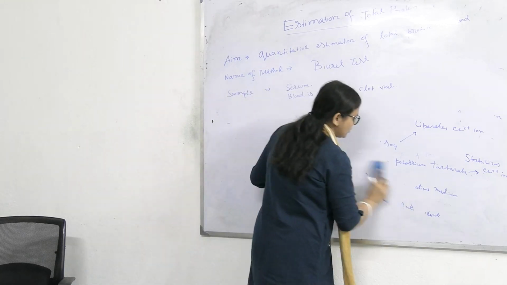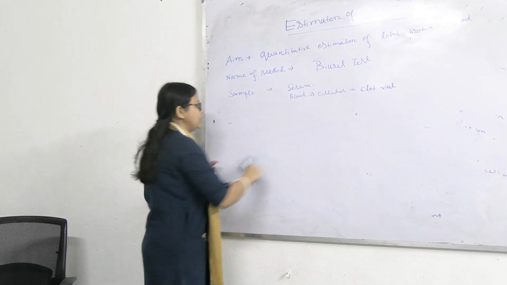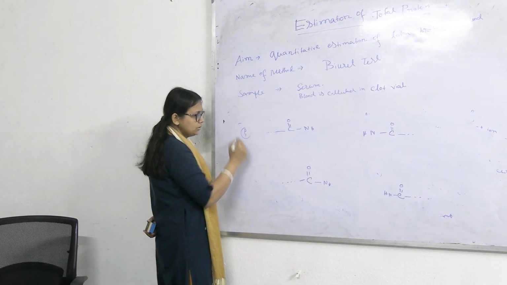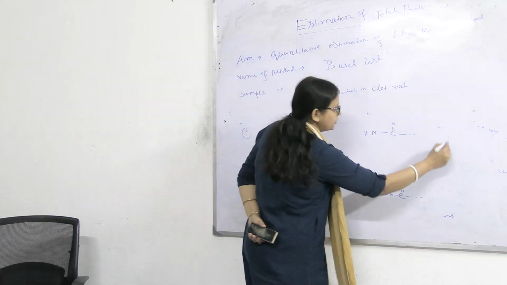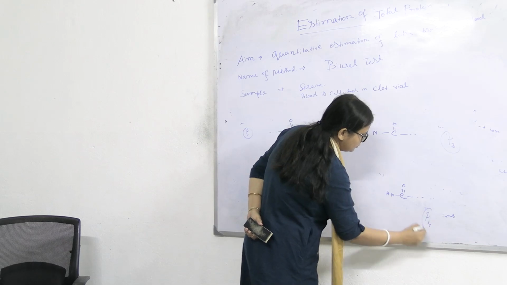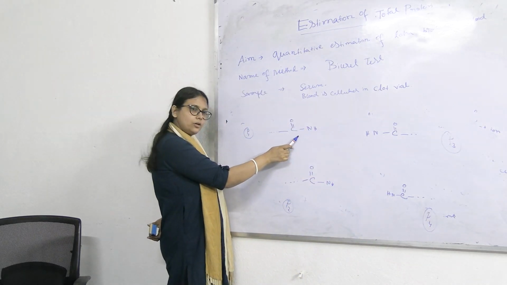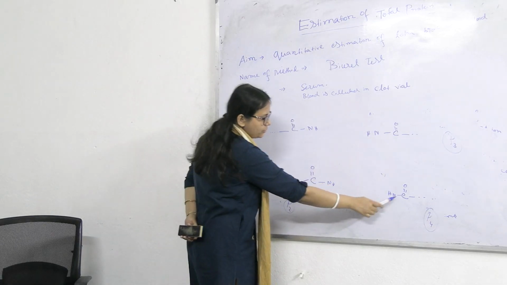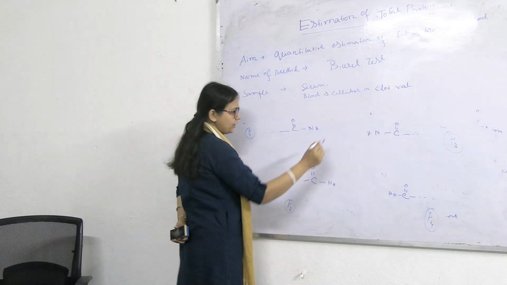Now, how does the complex look? This is a chelate agent. Suppose this is protein 1, this is protein 2, this is protein 3, and this is protein 4. This CONA is from a peptide bond, this is also from a peptide bond, and so on. Suppose there are 4 proteins and these are the peptide bonds.